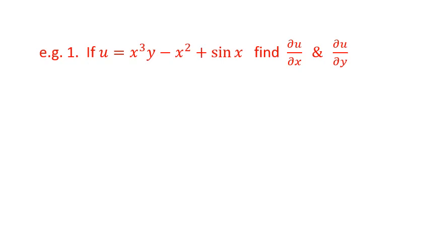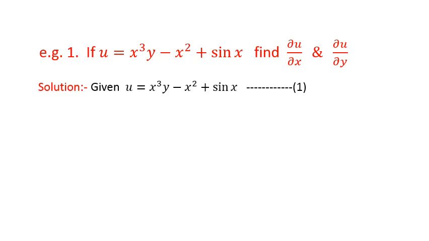Let us see an example. If u equal to x cube y minus x square plus sin x, find dou u upon dou x and dou u upon dou y. That means we need the partial derivatives of u with respect to x and y. First we find dou u upon dou x.